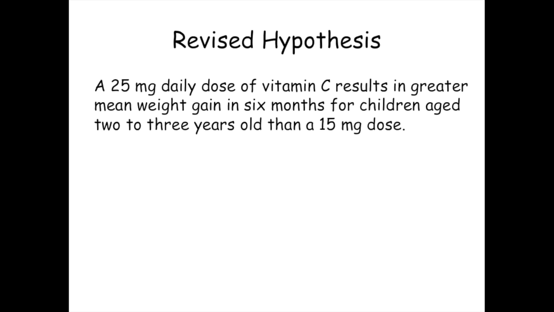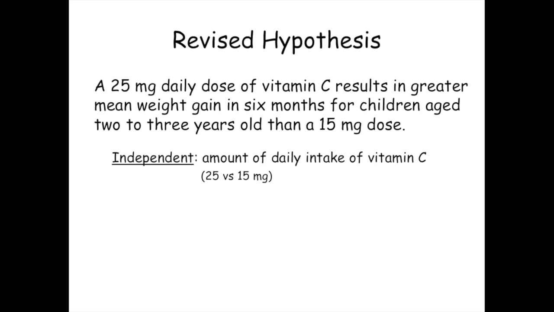Here, the researcher has operationalized vegetable eating as the daily amount of vitamin C a child consumes, and is comparing the recommended daily allowance of 15 milligrams to a higher dose. Similarly, he has operationalized growing more quickly as weight gain over 6 months. The independent variable is daily intake of vitamin C, and the dependent variable is weight gain in 6 months.